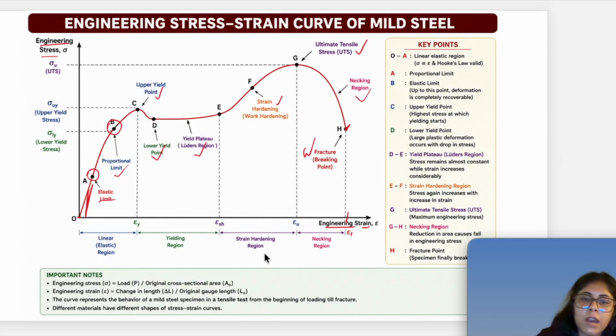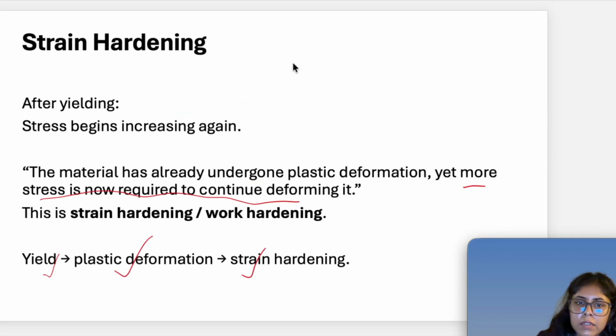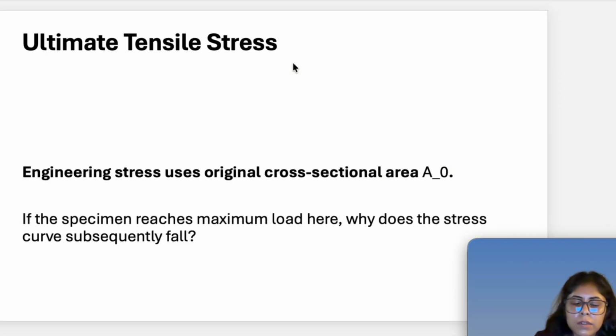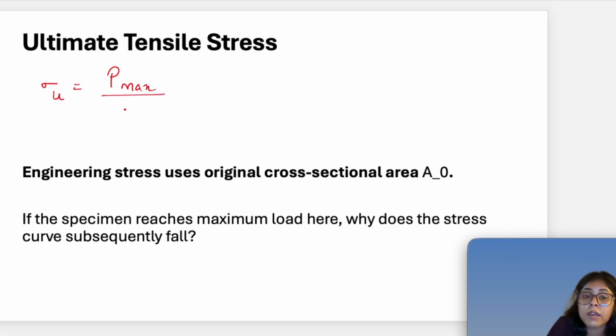Here you can see after the strain hardening region, you will get the point where the stress will be maximum. The material will take maximum stress, that we call the ultimate tensile stress. It's nothing but we can calculate it basically. If I want to write down the formula, sigma u is the ultimate tensile stress, and it is nothing but the maximum load it took, right, divided by the original area.